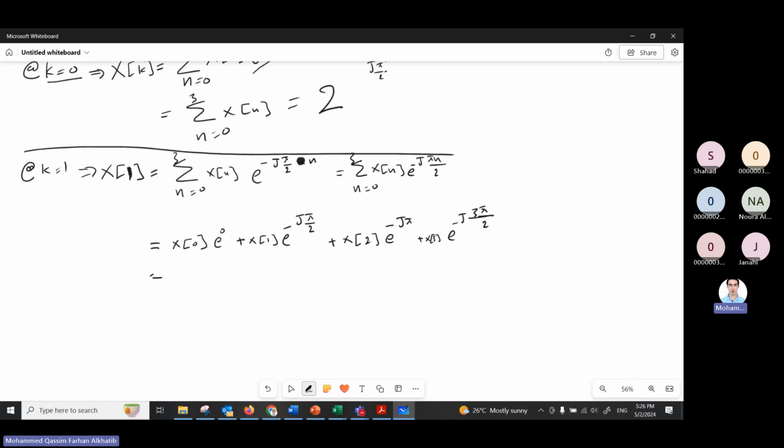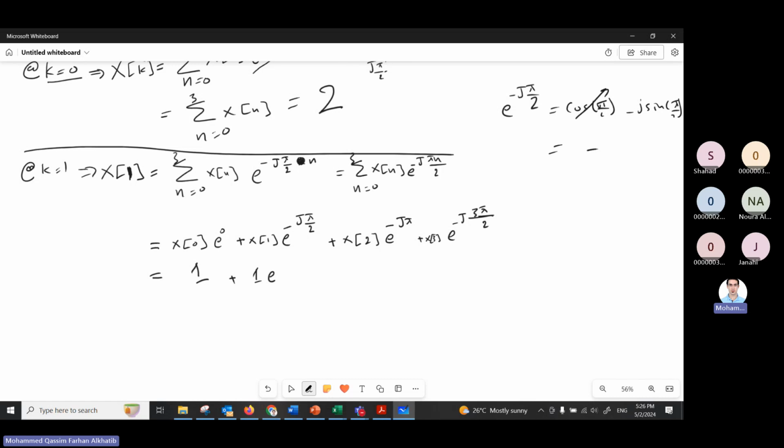Okay, so let's simplify. x of 0 is 1, times 1, that is a 1, plus x of 1, which is 1 times e to the power minus j pi over 2, equal to cosine pi over 2 minus j sine pi over 2.